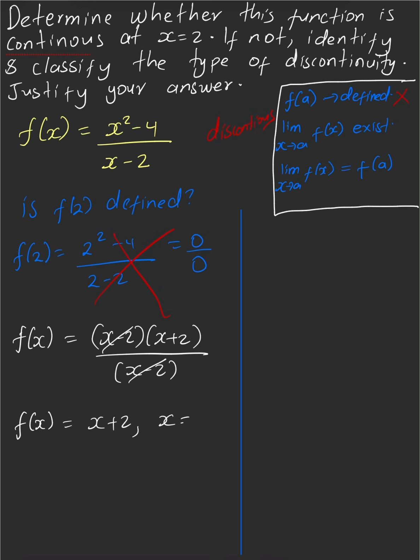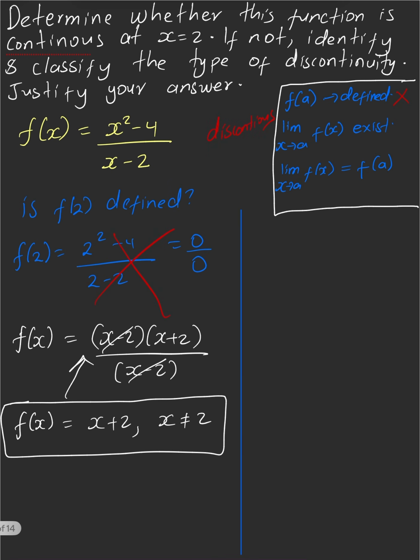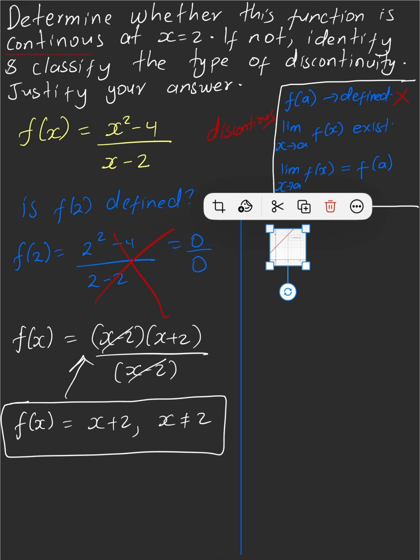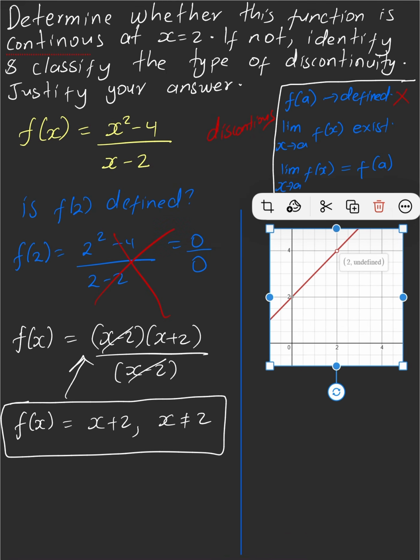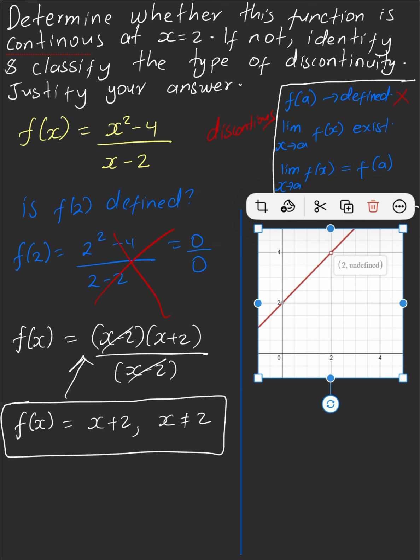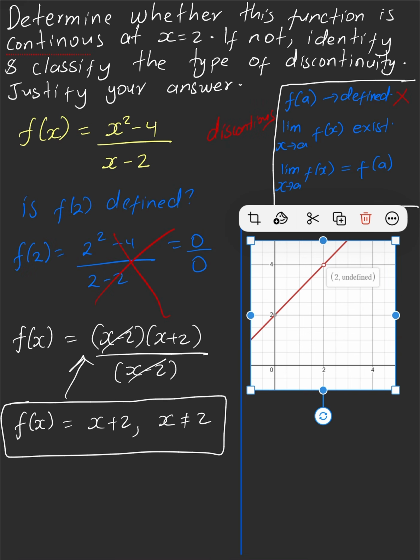But we also know that it's undefined when x is 2. So x cannot be equal to 2. And because of this, we can use this simplified function to find the limit. And I think I have a graph of what that looks like. This is what that graph looks like. So you have the same graph, but at x equals 2, it's undefined.